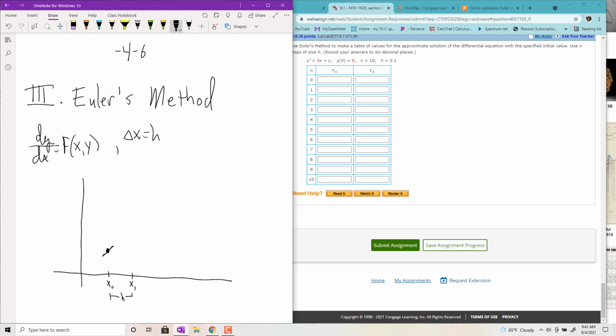That's that h distance. Okay, so you're going to use that slope mark to go from here to here. That'll give you a new point right here. And then you take that point and you put it into the differential equation, and that'll give you a new slope direction, okay? A new tick mark. And then you just use that.